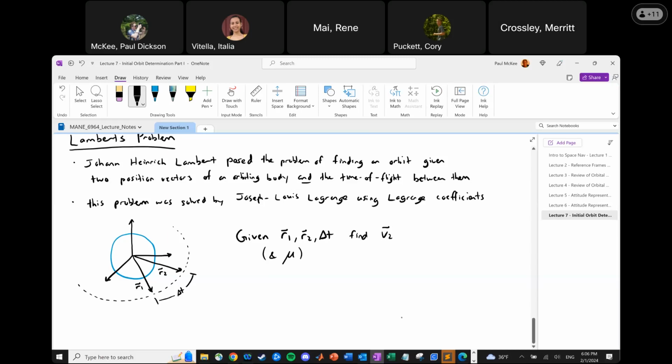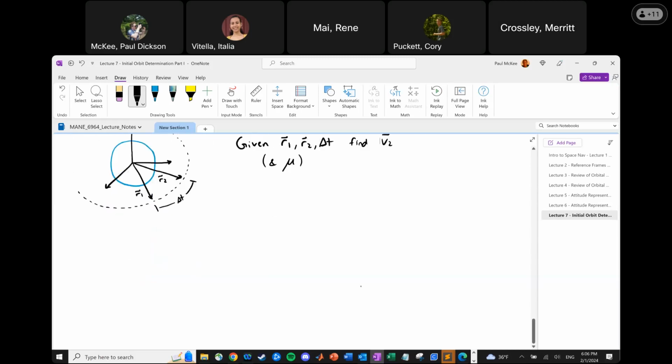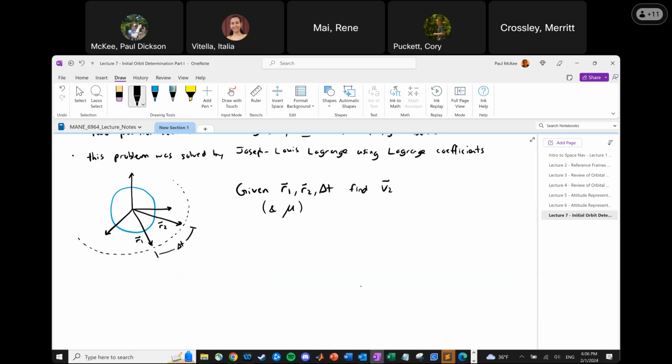So we're going to begin with Lagrange coefficients, which you might have seen in your beginner orbital mechanics course.